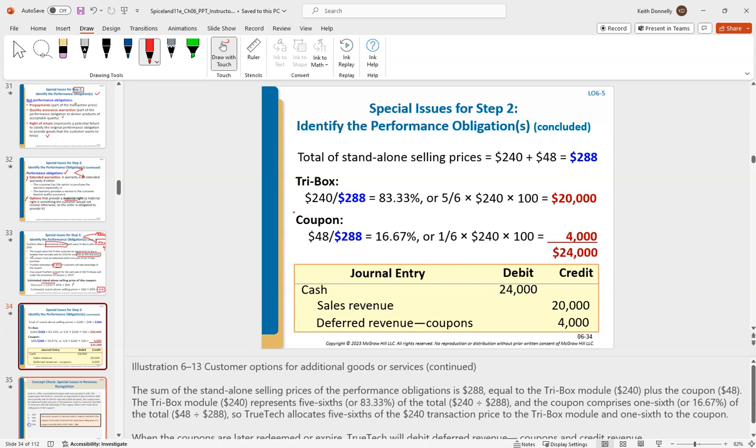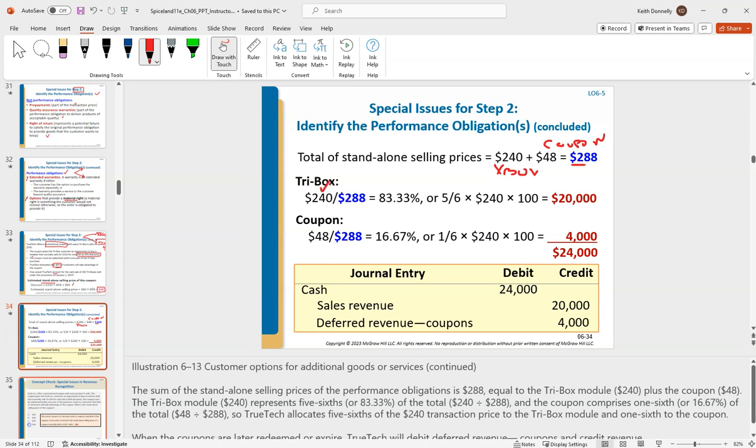Then we repeat the framework we did for what was going on when we sold the Xbox and the Live. We use the standalone prices to help us here. So $240 for the Xbox plus $48 for the coupon, $288 is the total price here for the two standalone items.